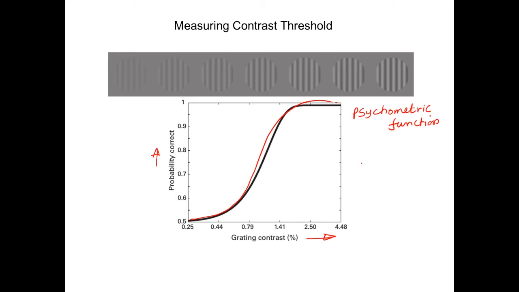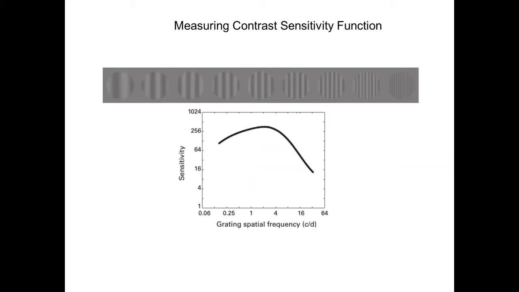But the whole thing is for one particular frequency of grating. What if we change the frequency? The whole S curve will change. The next graph shows how this psychometric function changes.